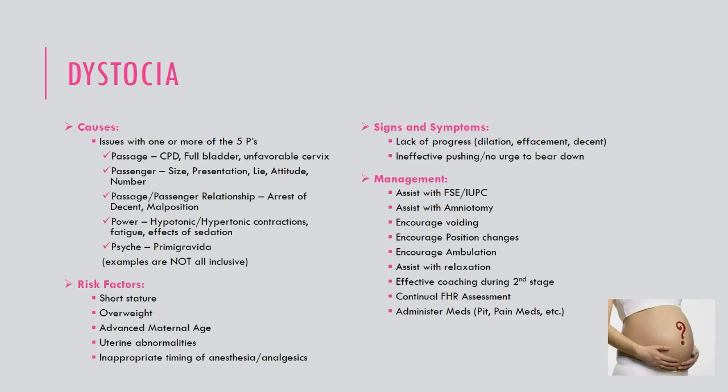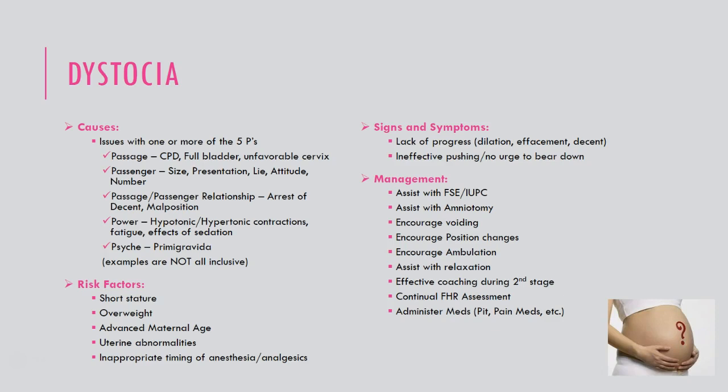Management of dystocia from a nursing standpoint: we might have to utilize a fetal scalp electrode or an intrauterine pressure catheter so that we can really keep a close eye on the labor pattern and what it is actually doing. We might have to artificially rupture the membranes, or do an amniotomy.